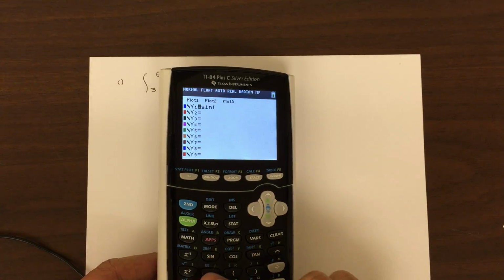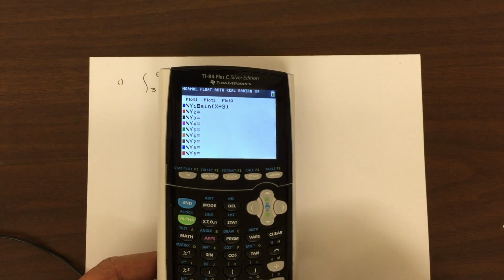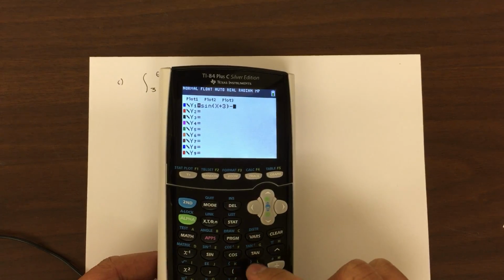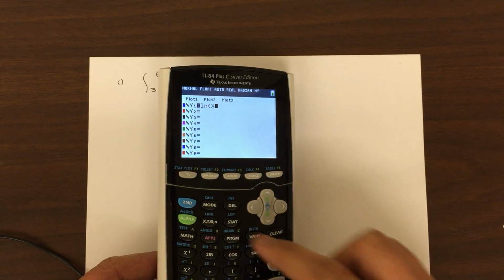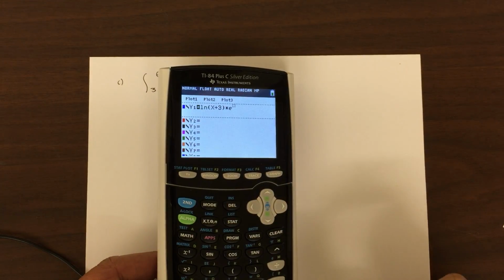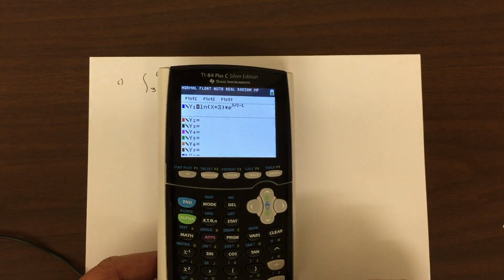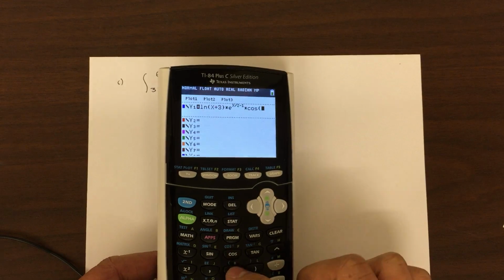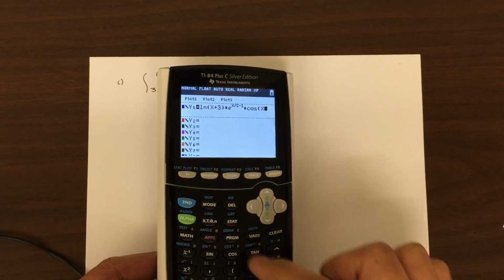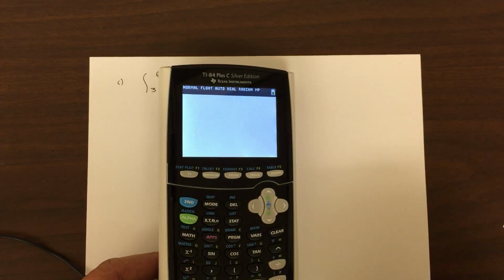ln of x plus 3 minus e raised to the x over 2, take away 1, followed by mod times cosine of x, and that's it. So that's the function. Leave the screen, second mode.